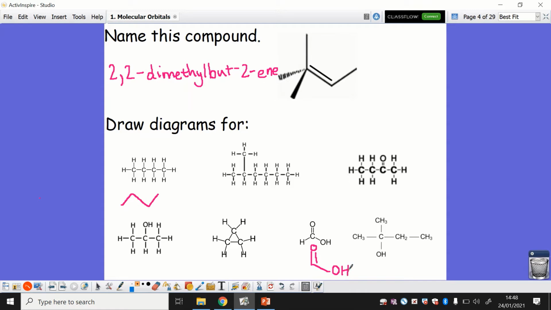If that hydrogen was directly bonded to a carbon as part of an alkane chain, I wouldn't need to draw it in, but because it's bonded to the oxygen here as part of the hydroxide group, I would need to draw it in. Why don't you pause the video here and have a go at drawing that for the rest of them.